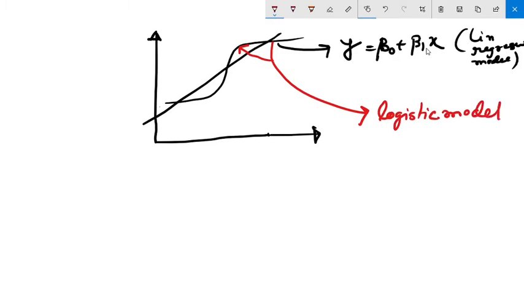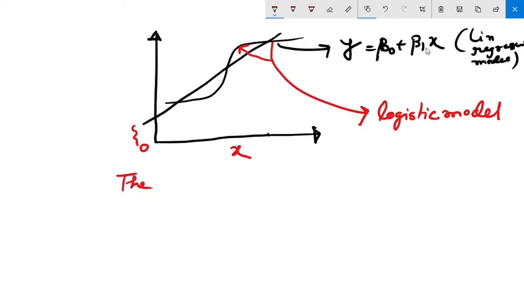So this side is x, 0. Okay, and this is beta 0, you know that. So the output of the linear regression can be put into the sigmoid function and you can get the outcome.